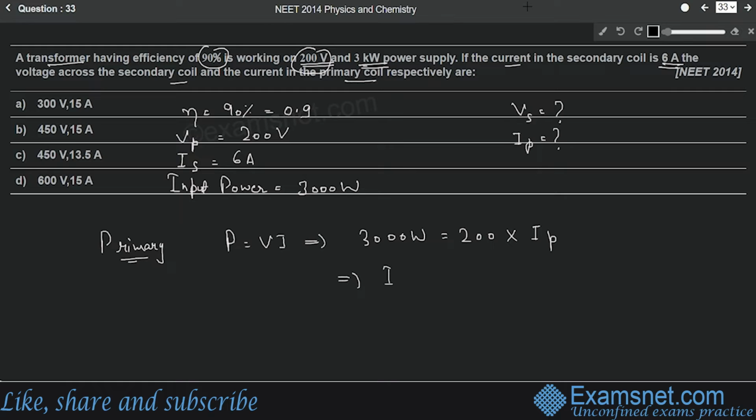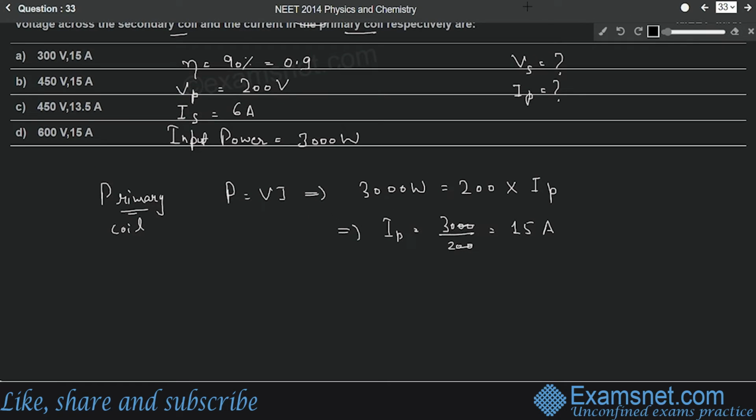That will be equal to 3000 divided by 200, that means 15 ampere. Okay, so current in the primary coil is 15 ampere. Now we have to find the voltage across the secondary coil. So we can use efficiency for that. We know that efficiency is equal to output power by input power, right?